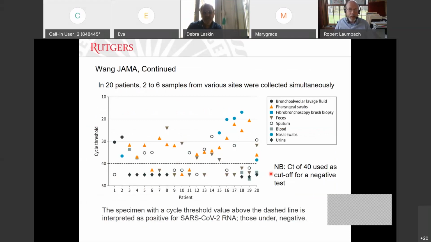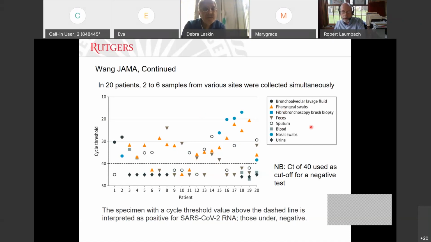And this is some data from 20 subjects within that study, who had 2 to 6 samples taken on the same day or done simultaneously from various body sites. It's a little complicated here with the different types of samples, but if we just look at pharyngeal swabs, the orange triangles, we see quite a few positive samples among these 20 patients, but also several negative samples.